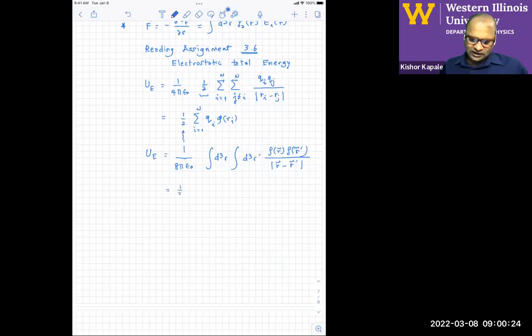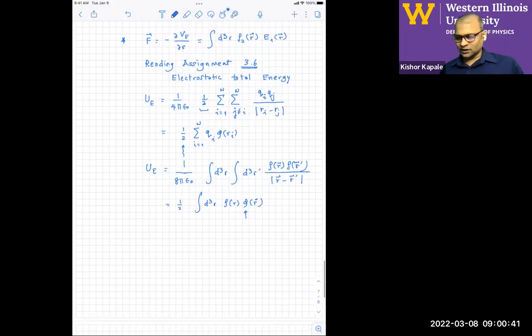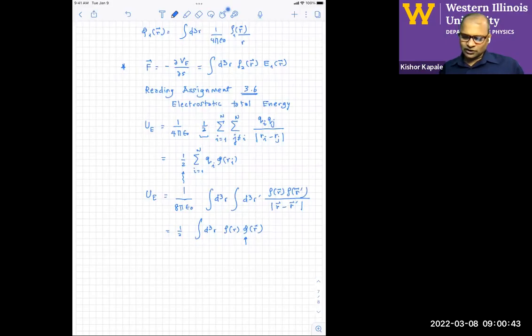Or you can write that as half the integral d cube R rho of R phi of R. So the potential at each point, and then you do the summation over that, right? So this is, of course, the effective potential from the whole charge distribution. And so this gives you the electrostatic total energy of any collection of charges.